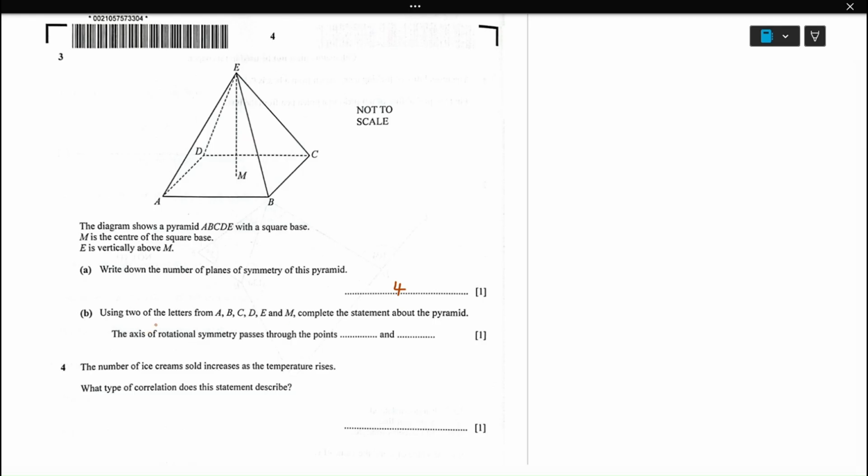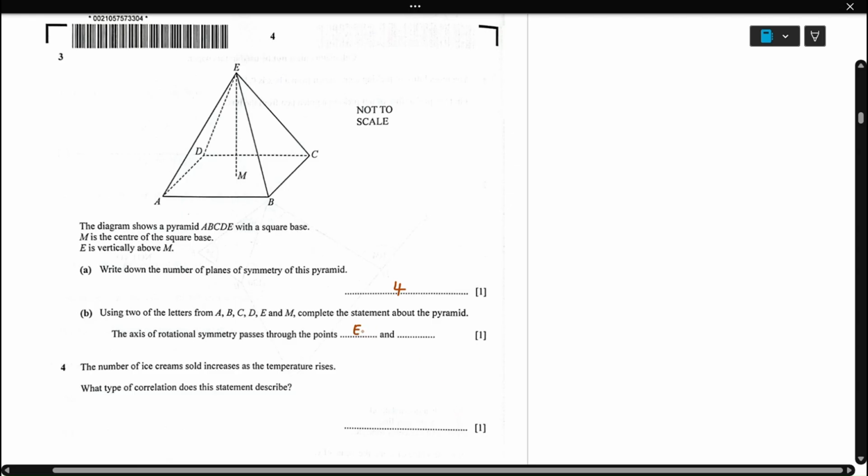Next, using two of the letters A, B, C, D, E and M, complete the statement about the pyramid: the axis of rotational symmetry passes through the points E and M.